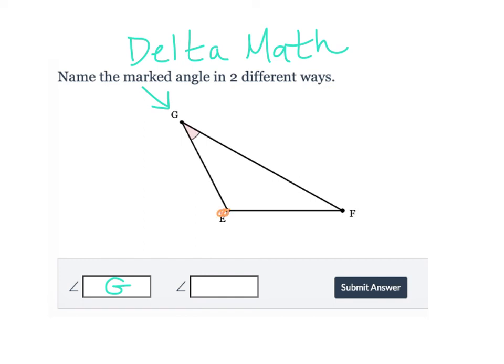So we'd go E to G down to F. So E to G to F. Or we could reverse that and start at F, go F to G to E. Okay, so use three letters to name it, or you could simply name it angle G.